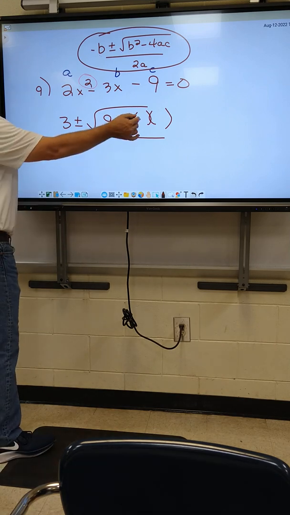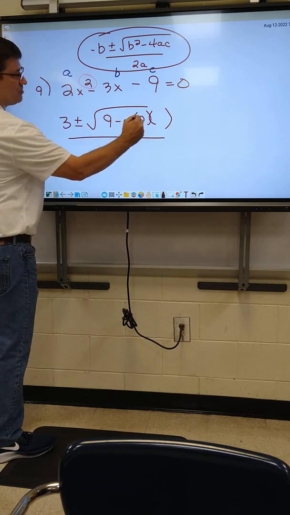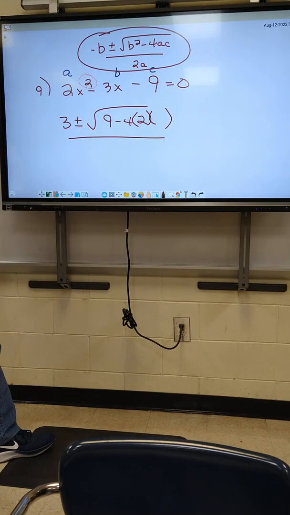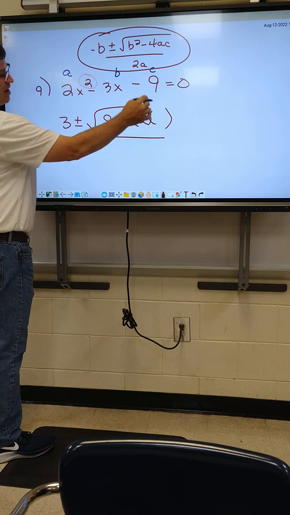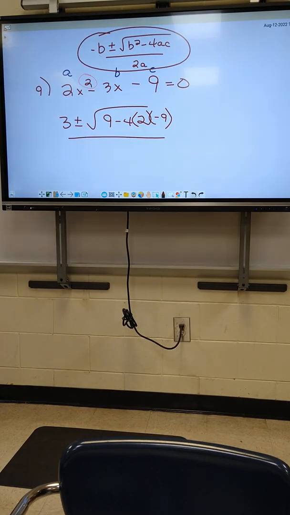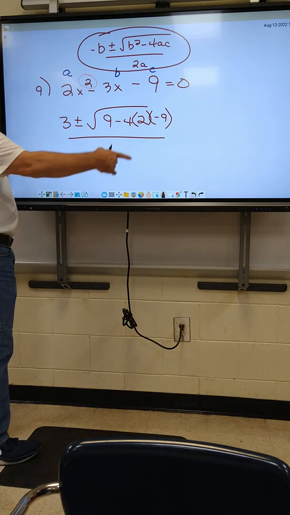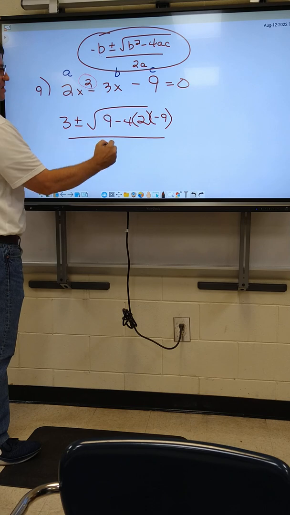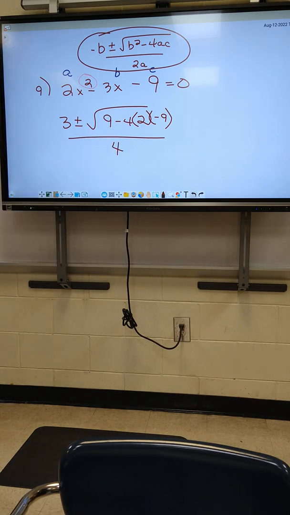All right, I got to put A in that spot. Well, A is 2. And I got to put C in that spot. C is negative 9. So the bottom, you're just going to do 2 times A and get 4. Now, I know a lot of you guys in the past have plugged the whole thing in your calculator probably, right?